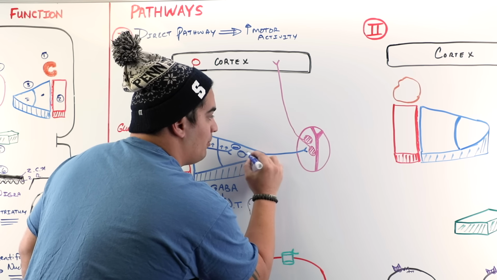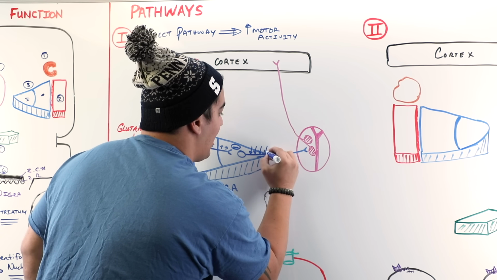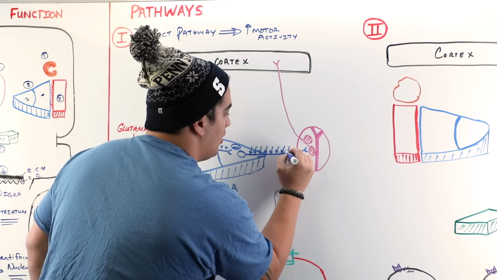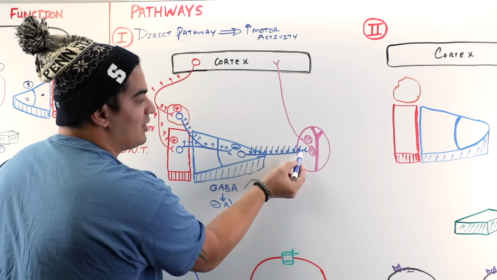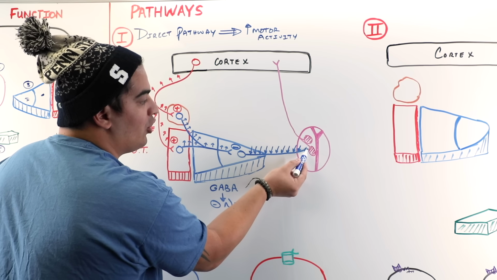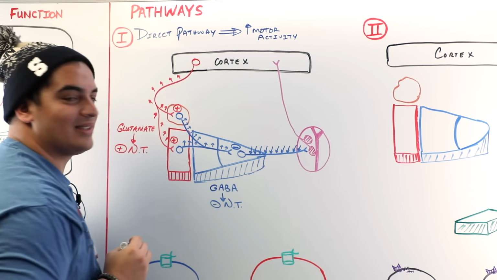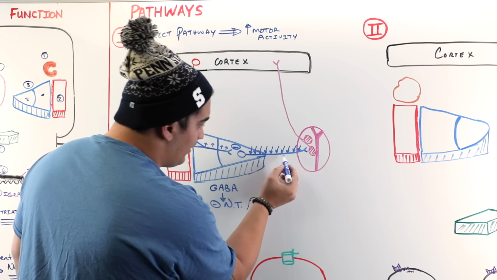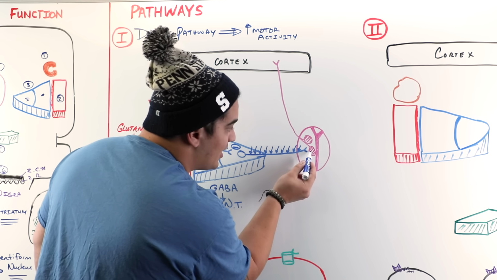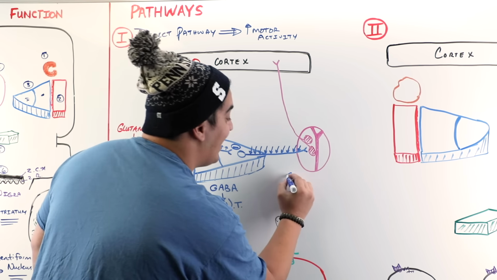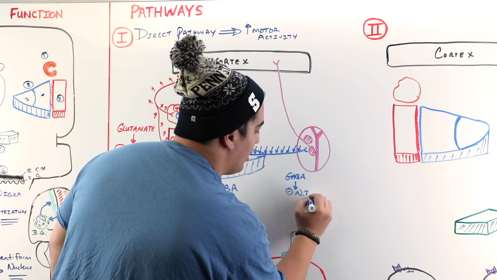Now, the neurons going from the globus pallidus internus to the thalamus are going to have decreased action potentials, right? And if there are decreased action potentials, that means less neurotransmitter is released from the globus pallidus internus onto the thalamus. The neurotransmitter released between the globus pallidus internus and the thalamus is again GABA, which is an inhibitory neurotransmitter.